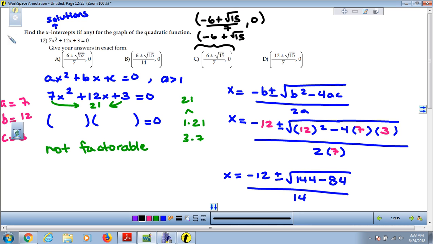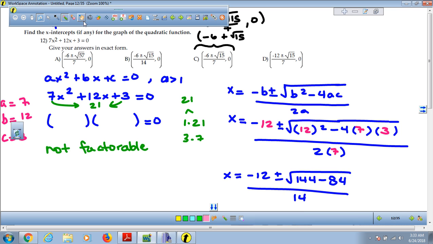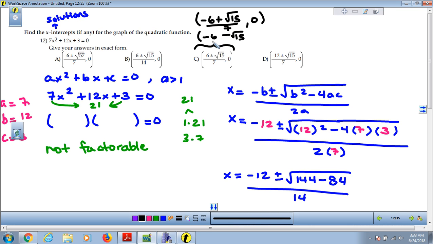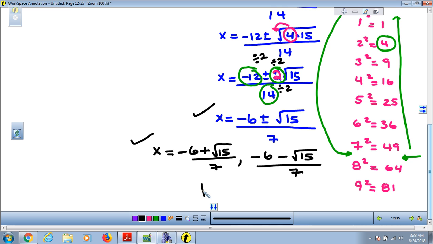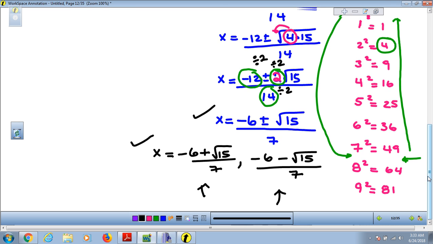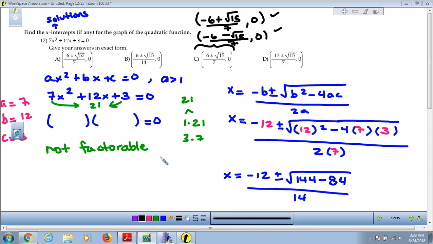This is another x-intercept, but with a minus there, not with a plus. Over 7, comma 0. So these are the two x-intercepts that I got here at the end, right? This one and this one. So then this is what the answer is going to be.